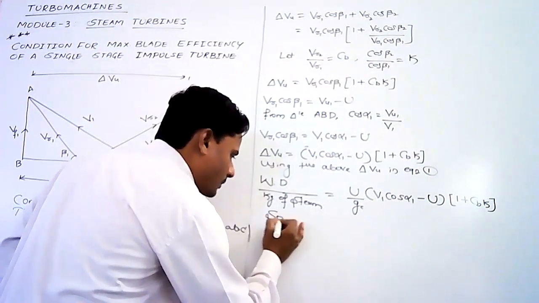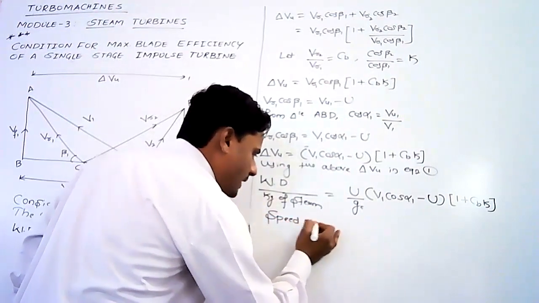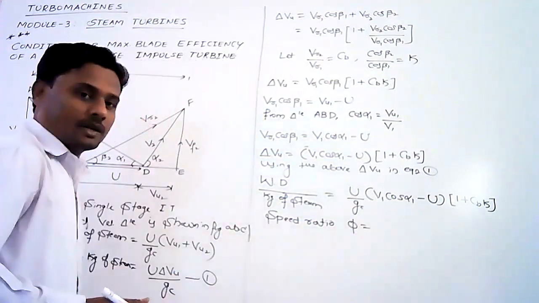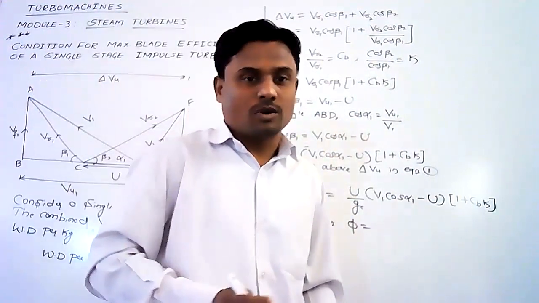Speed ratio, phi, we have learned in module number 1, the introduction to turbo machines.